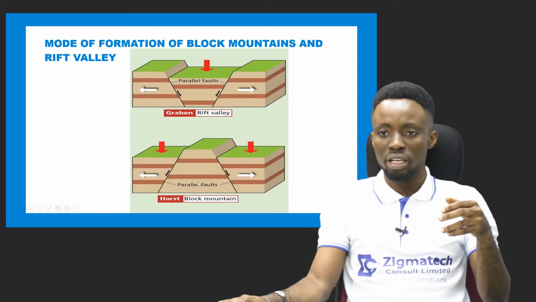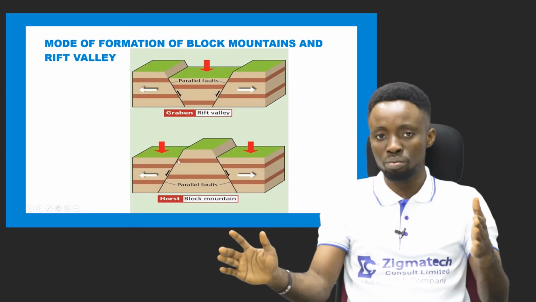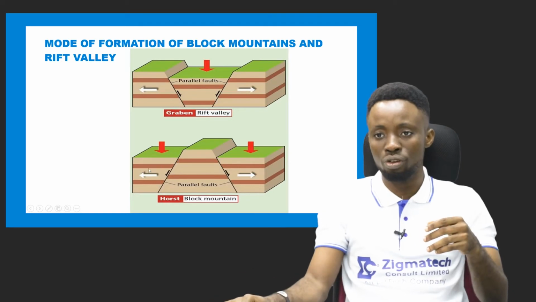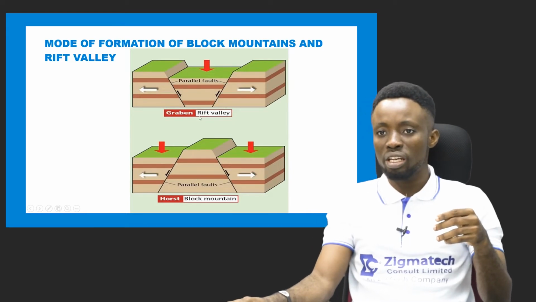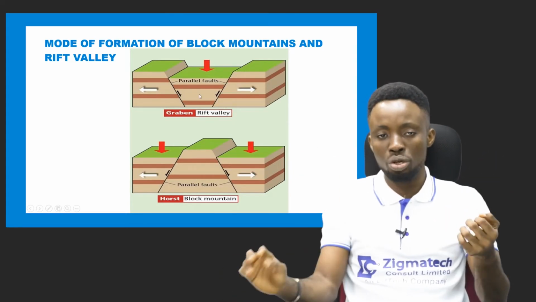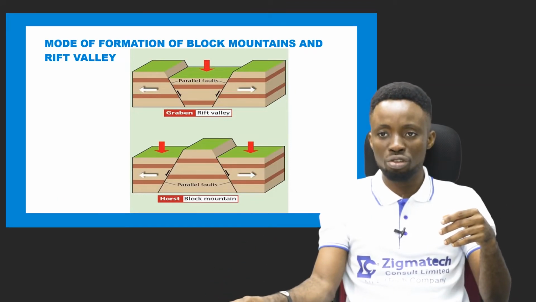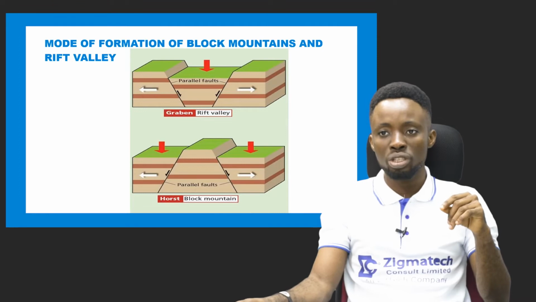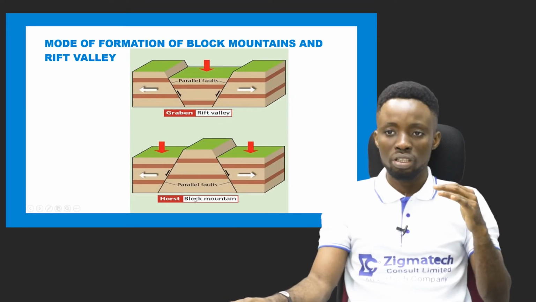As you can see here, this is just the parallel fault or line of weakness, and a downward depression of the other layers of rock will give rise to the formation of a block mountain in between. Then an upward elevation of rocks on the sides will give rise to the formation of a rift valley, which is right here on the diagram.